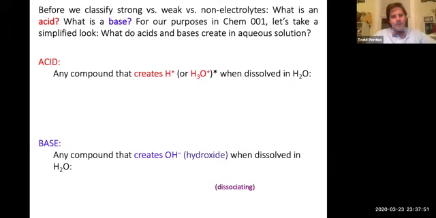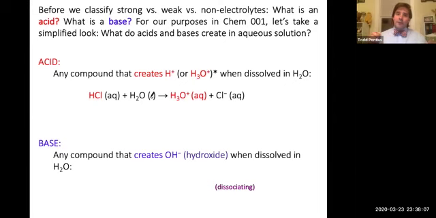Well, for our purposes, we're going to consider what they make in an aqueous solution. Acids, their calling card is they leave H pluses behind. So here's an example of a reaction. We have HCl, hydrochloric acid, reacting with water. So this first reaction that's there is actually what happens.